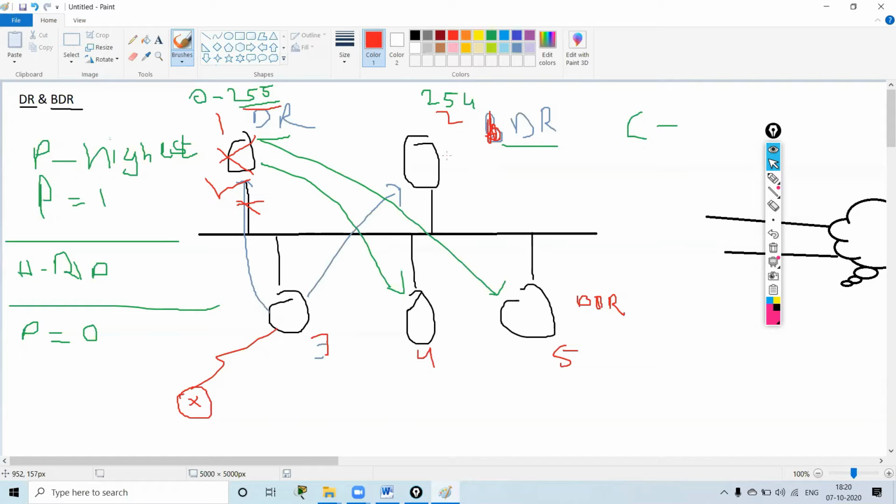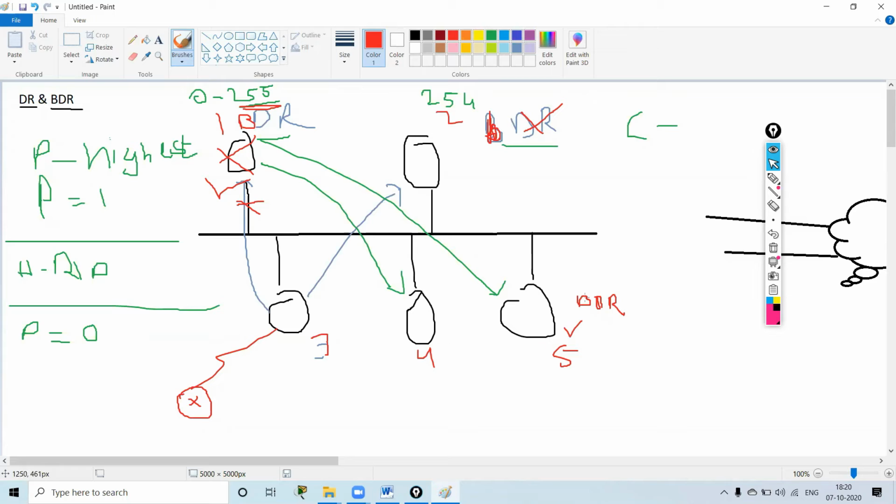Then only can it become a DR again. Automatically, if this router comes up, it cannot become the DR again because my DR and BDR are already there. Once this DR goes down, this will become the DR.